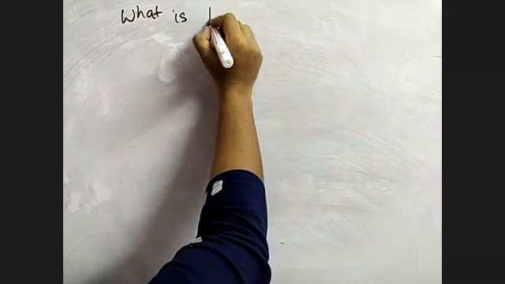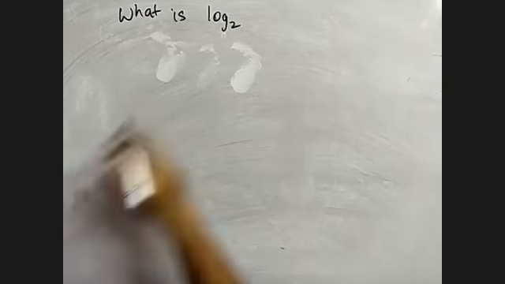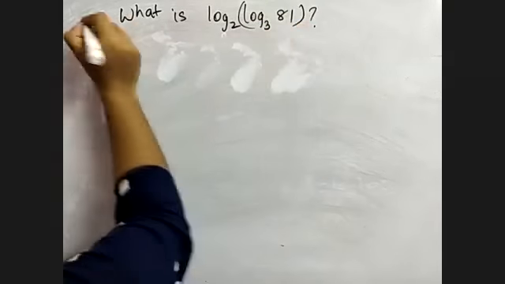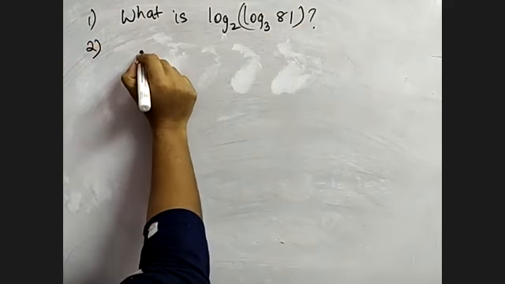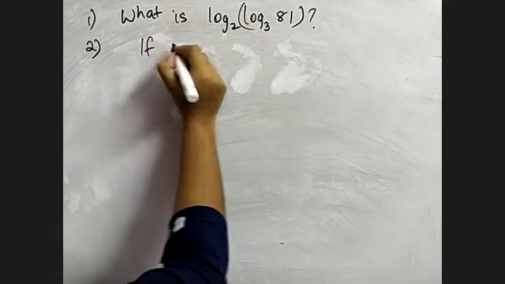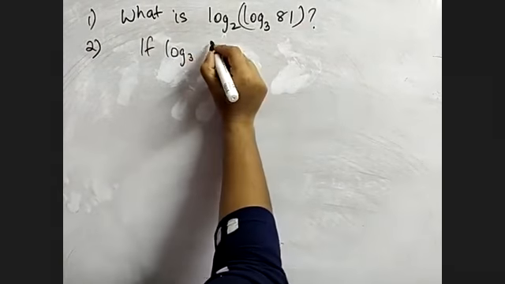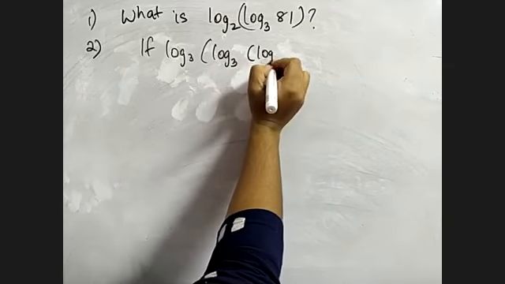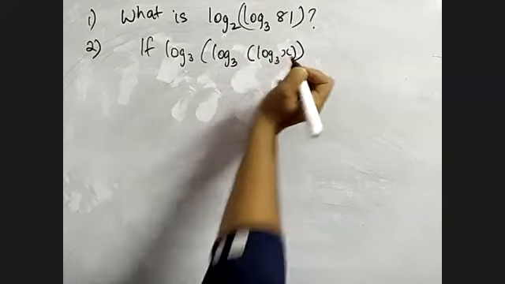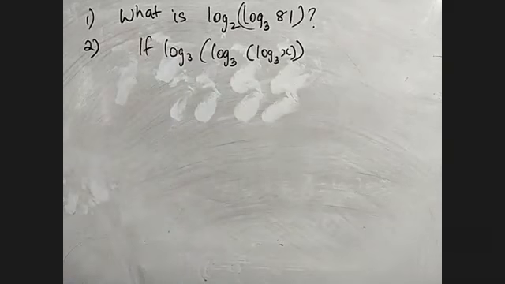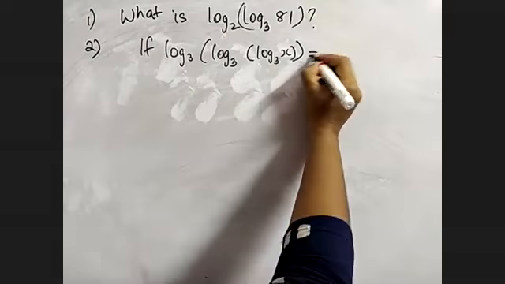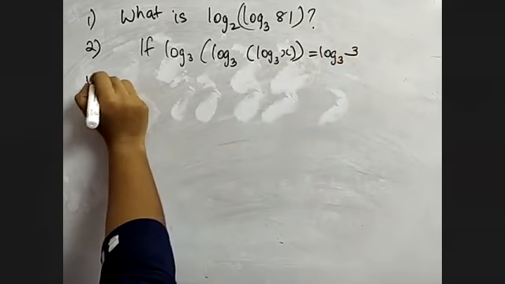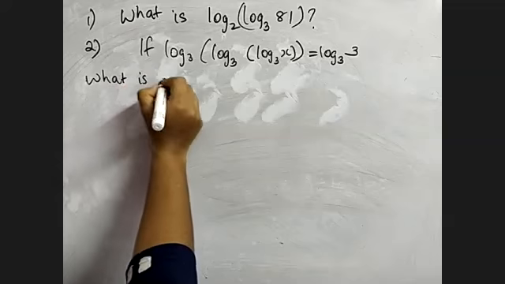What is the value of log to the base 2, log to the base 3, 81? First question. Second question: if log to the base 3, log to the base 3, log to the base 3 x is equal to log to the base 3, 3, what is x?